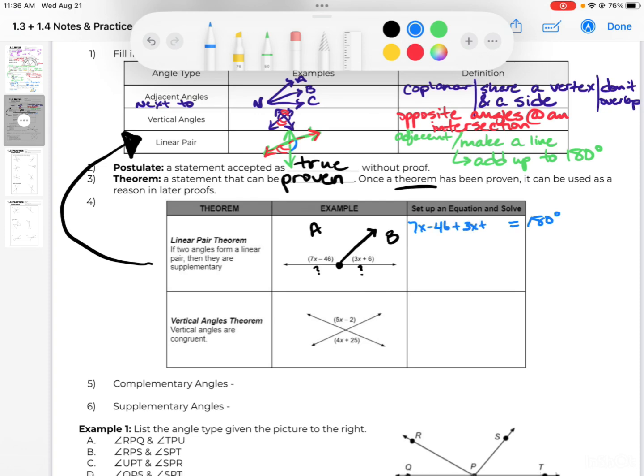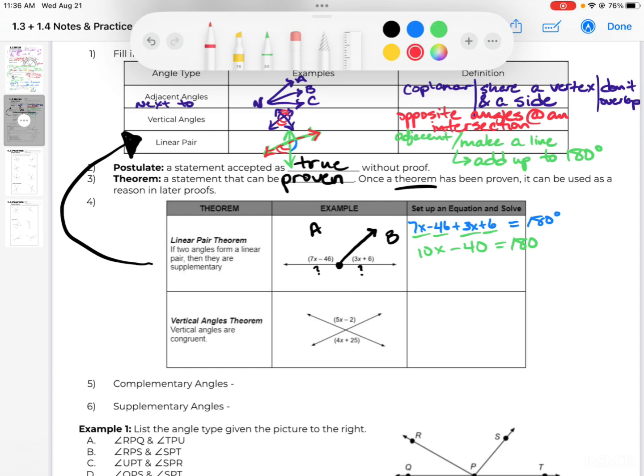So if I just take those two values and add them together, they should add up to 180. And so the first thing I'm going to do is combine like terms. I've got 7x and 3x. Together, those give me 10x. And then I've got negative 46 and positive 6. I combine those, and that leaves me with negative 40.